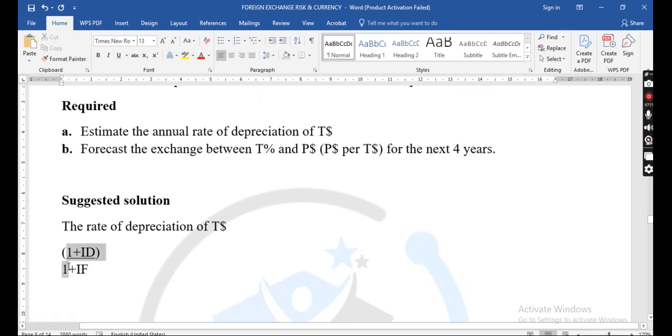This bracket is for both domestic and foreign, please. I will arrange it probably before I send the material. Now, this is how to determine the rate of depreciation.